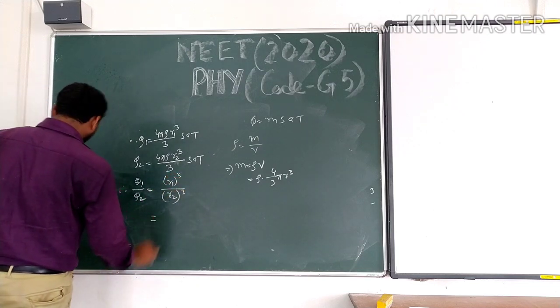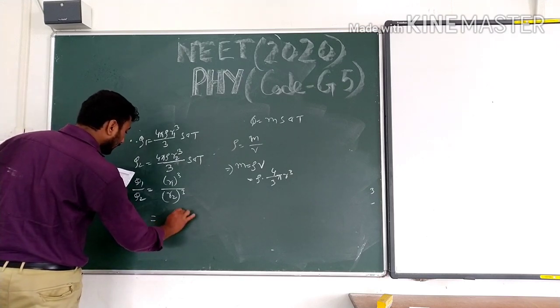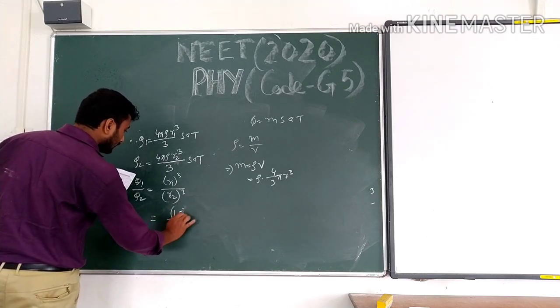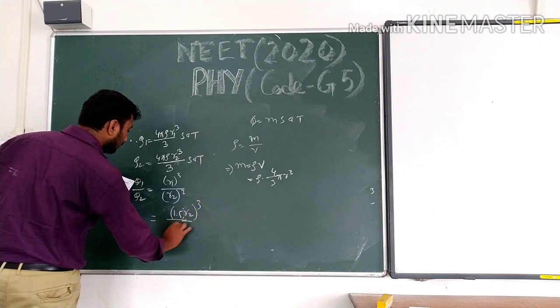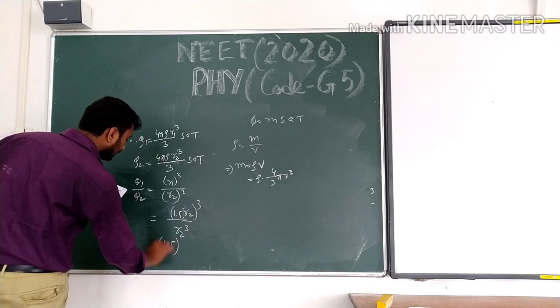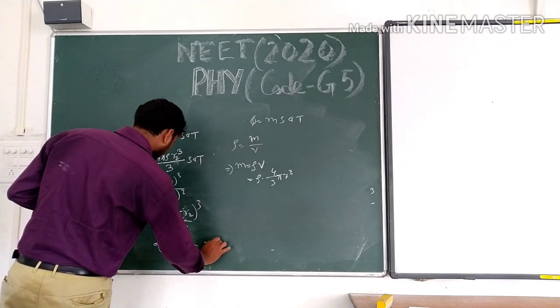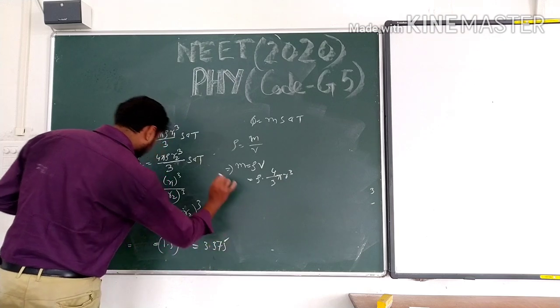Here it is given R1 equal to 1.5 R2, whole cube divided by R2 cube. So it will be 1.5 cube, which is equal to 3.375.